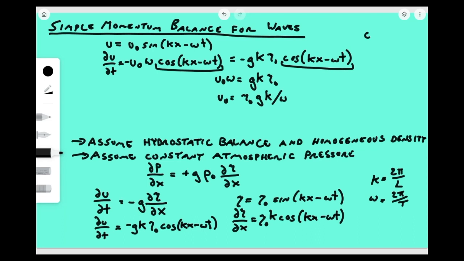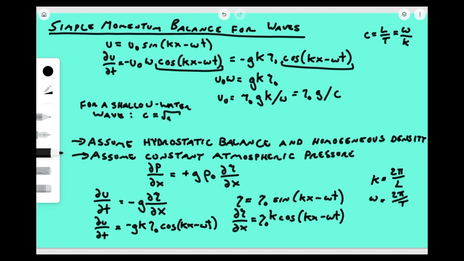If you remember, the wave phase speed c equals wavelength L over period T. Also equals omega over k. In this equation, we have k over omega, which is 1 over c. For a shallow water wave, the wave phase speed c equals square root of g h, where h is the water depth.